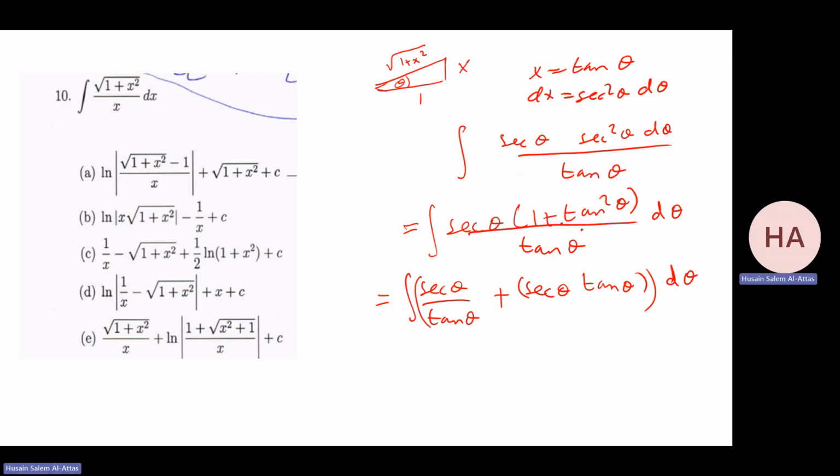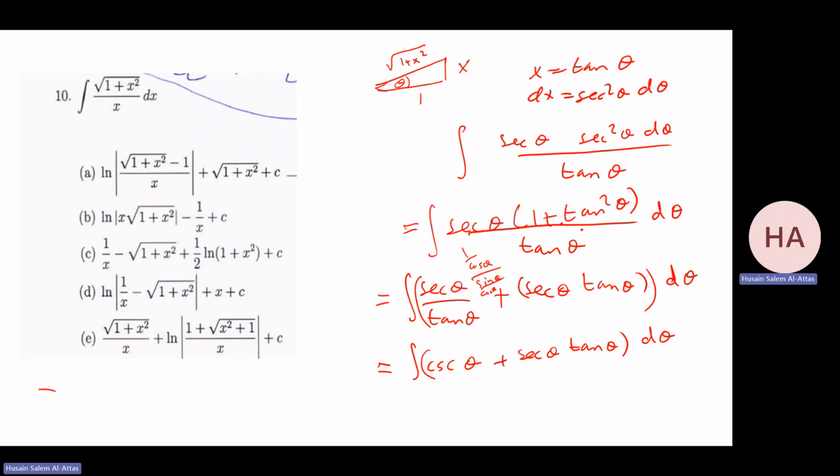So secant over tan is what? It's cosecant. That will be what? I have 1 over cosine over sine over cosine. That gives me 1 over sine, which is cosecant theta. And this is secant theta tan theta d theta.